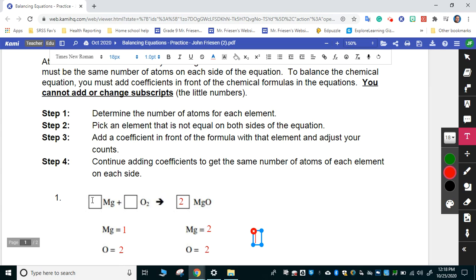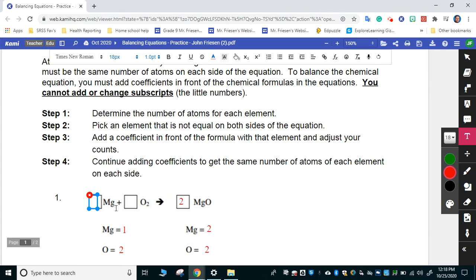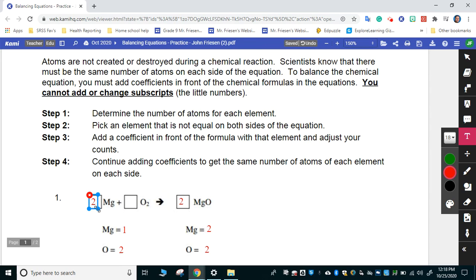Okay, well, 1 times what would make this a 2, right? It would just be a 2. And so now this is a balanced equation. We've added the coefficients in front of the formula with the element and adjusted our counts, right? We continued adding coefficients to get the same number of atoms for each element on each side.